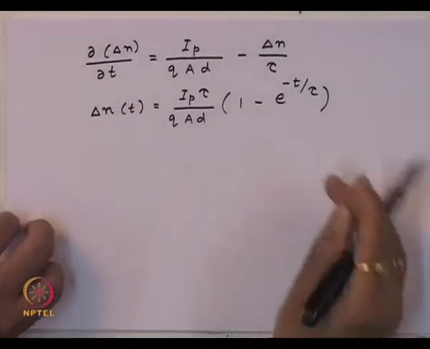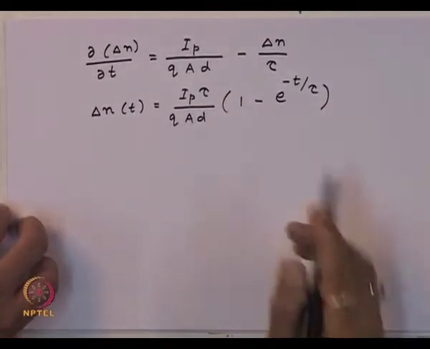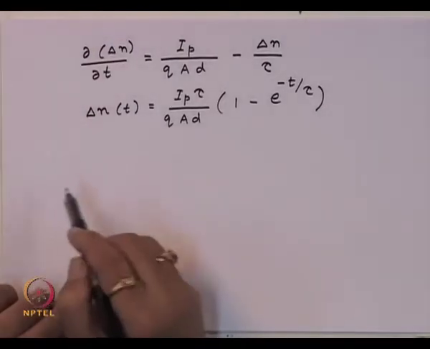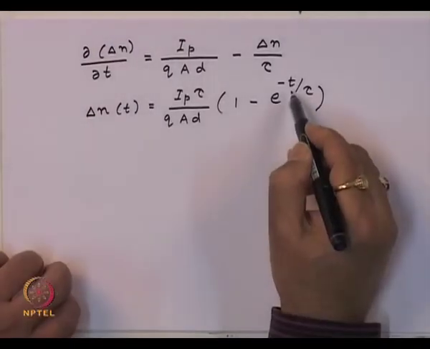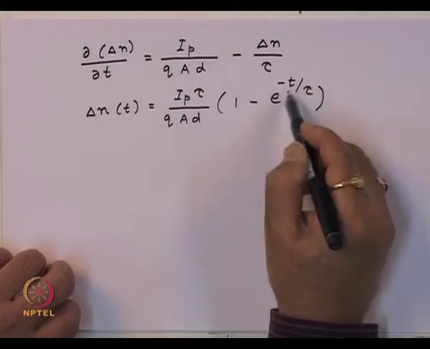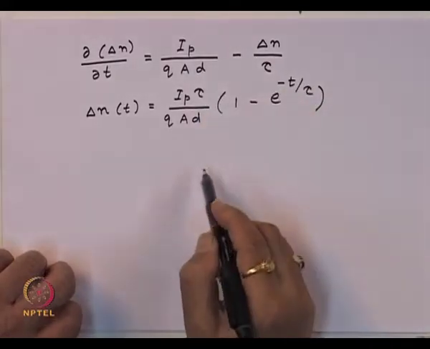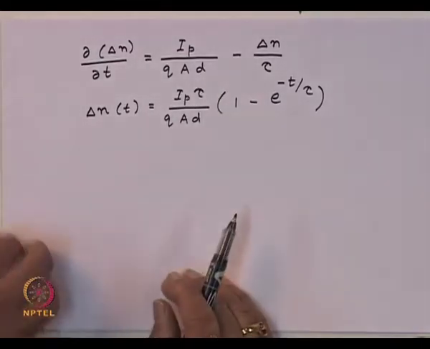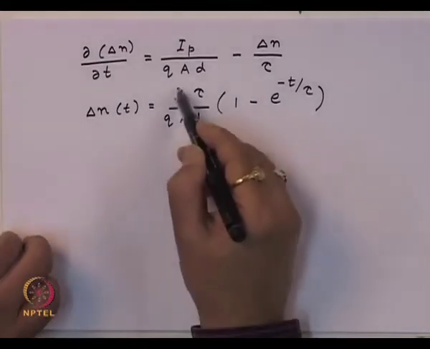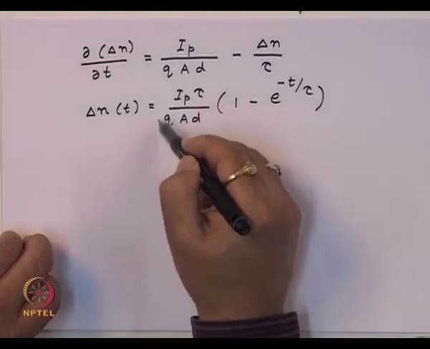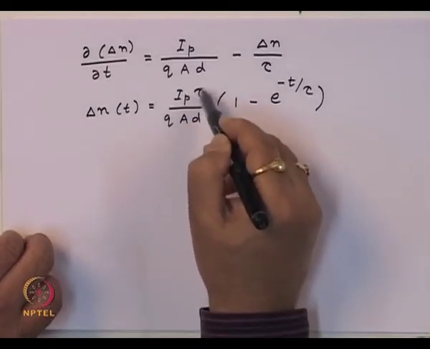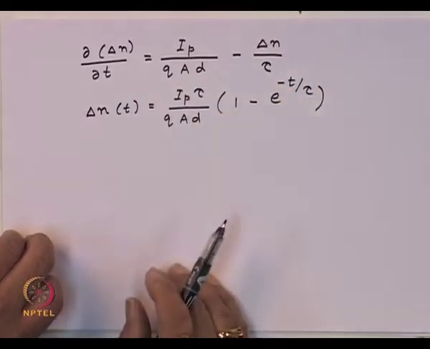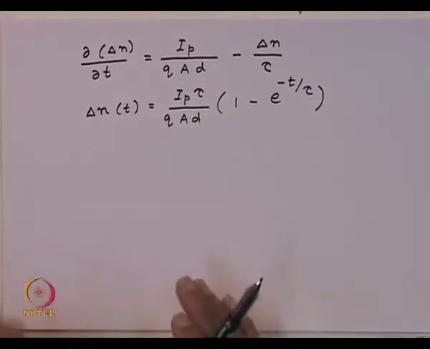One can verify that when t is equal to 0, the injected carriers are 0, and when t goes very high, you reach a steady state, and that is the carrier density you are going to have in the steady state domain. It is the number of carriers per unit time multiplied by the recombination lifetime. That is the steady state density you will see inside the junction of the laser diode.